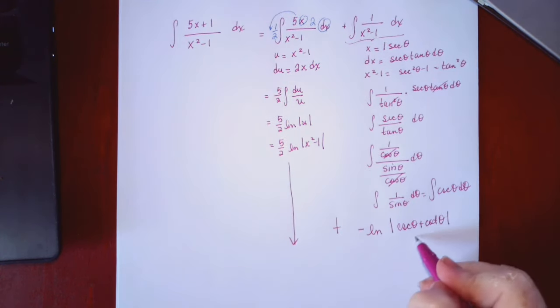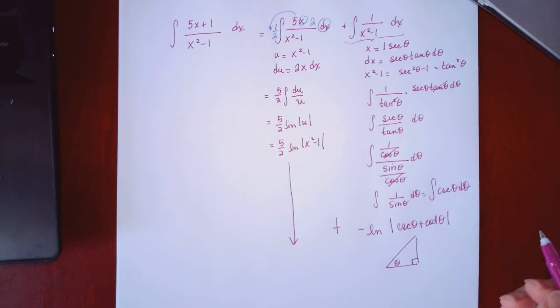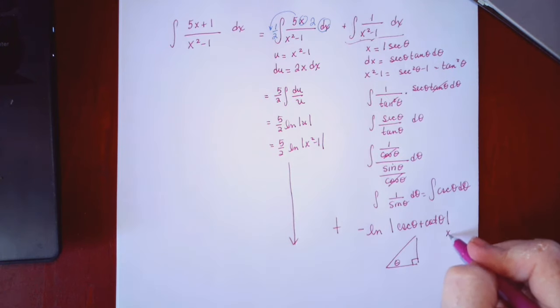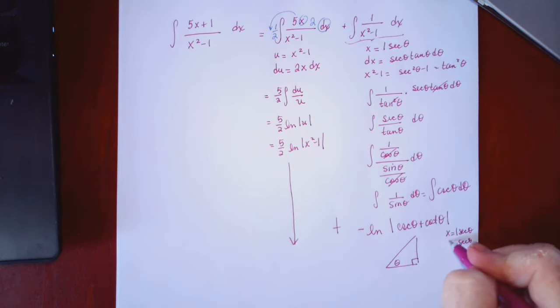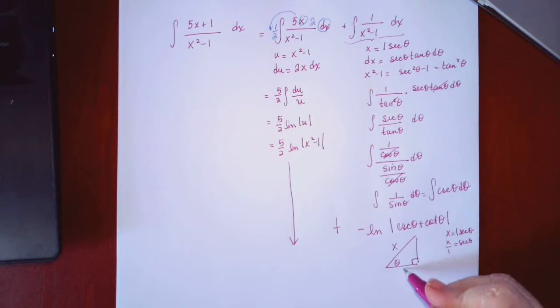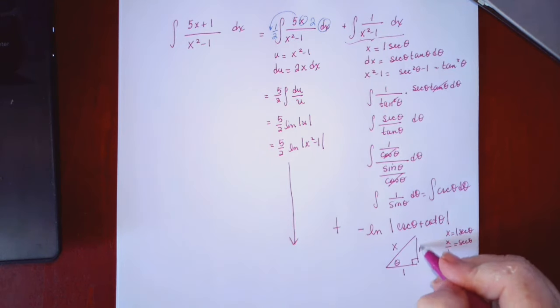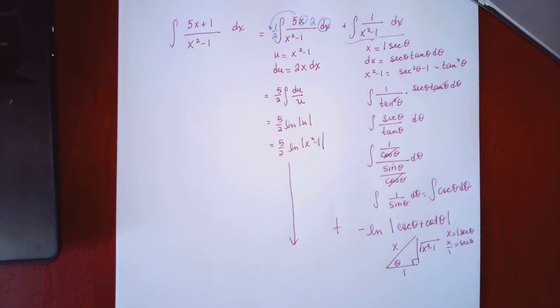And then I still have to break that back in terms of my original variable. If this is theta, the substitution that I made was x equals 1 secant theta, so secant theta is x over 1, and secant is hypotenuse over adjacent. So this would be the square root of x squared minus 1.